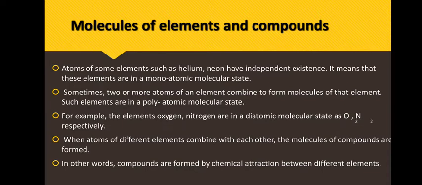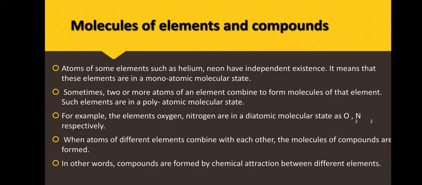Sometimes two or more atoms of an element combine to form molecules of that element, right? In such elements, they are in a polyatomic molecular state. Poly means many and atomic means atoms, okay? So there will be more than one atom. For example, the elements oxygen and nitrogen are in a diatomic molecular state.